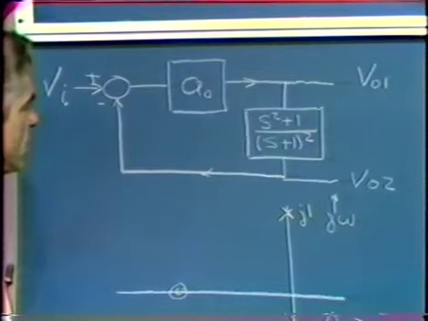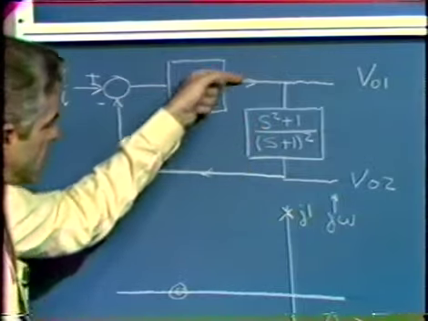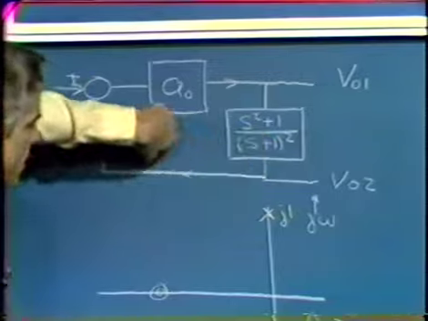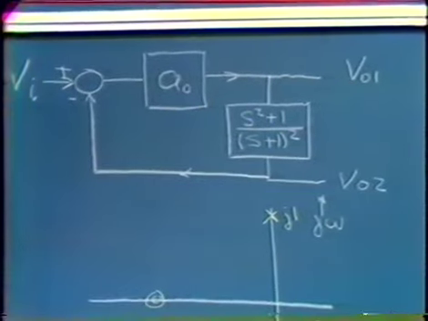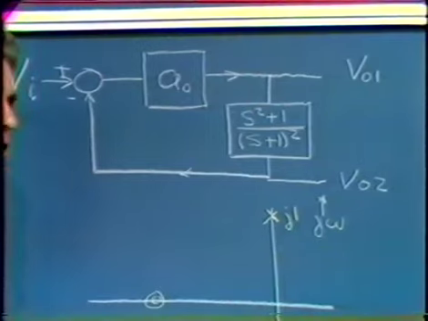We have 2 outputs from the system. One of them includes the T in the forward path. The other one includes the T in the feedback path. If we consider the transfer function between the input and VO1, well, first, let's find the closed loop poles of this system.